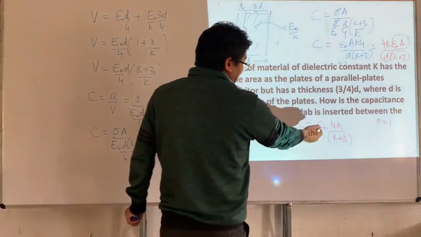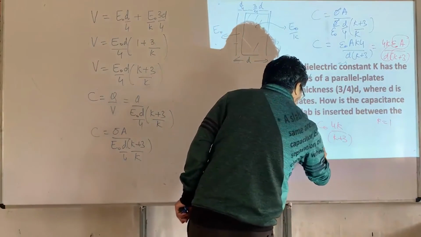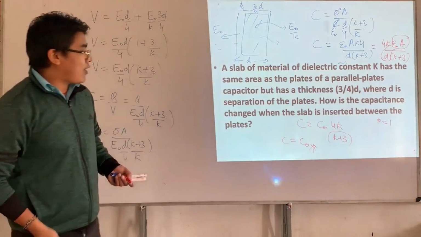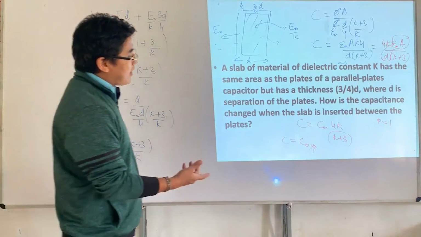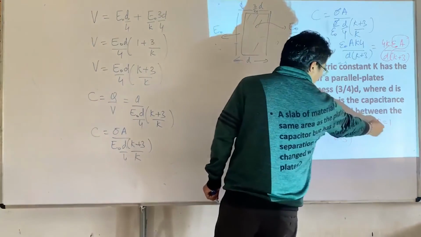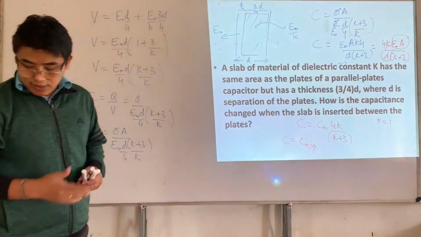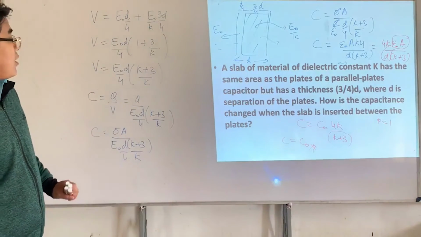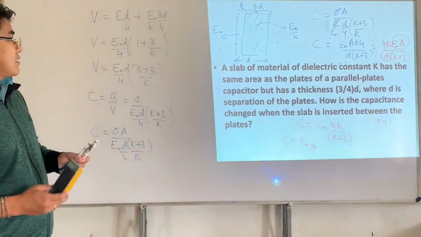If K is 1, 1 plus 3 is 4, so 4 cancels out and C is equal to C naught. This is how we verify this answer. So this is for the effect of a dielectric if it is not fully inserted.